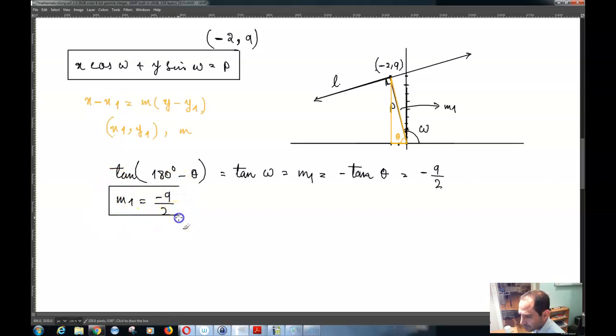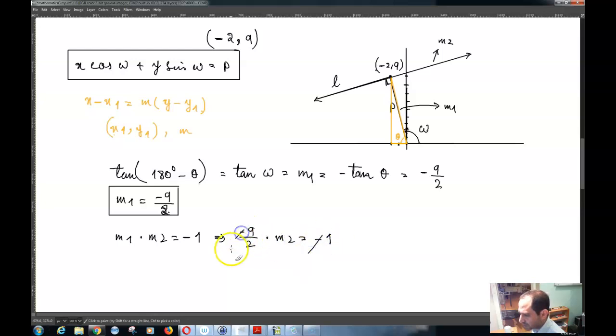And problem solved. Now since I know that the slope of this line is m1, and if I call the slope of this line m2, they are perpendicular. So I write m1 times m2 is equal to negative 1. That means negative 9 halves times m2 is equal to negative 1.